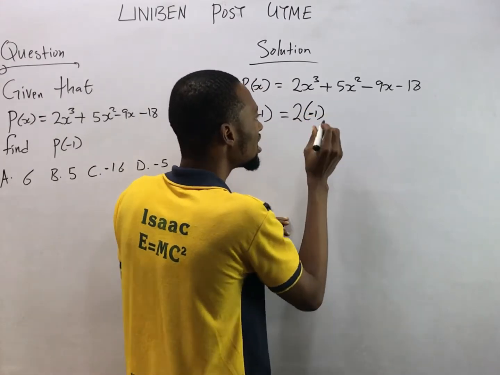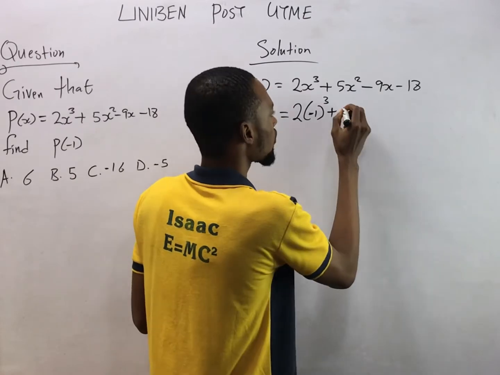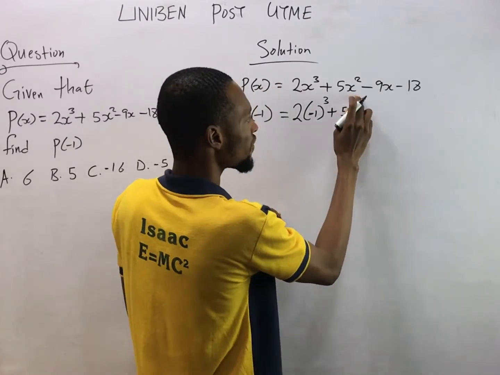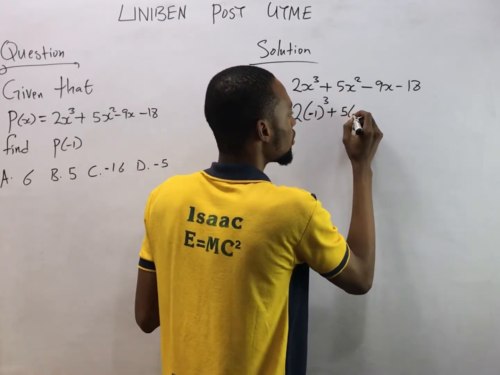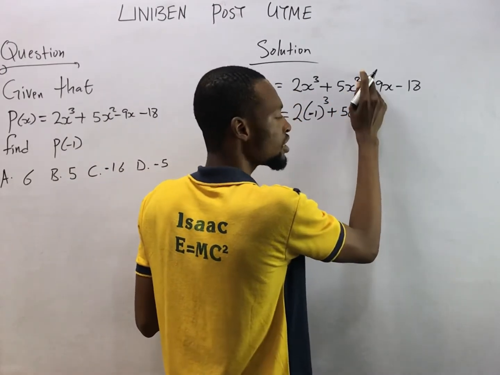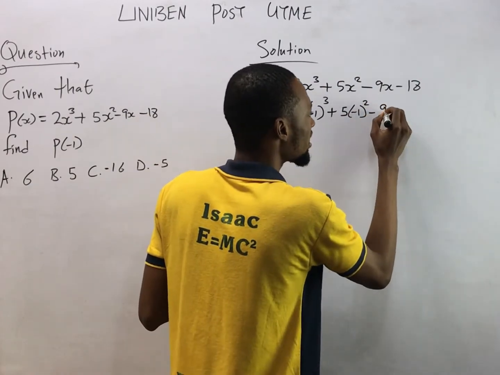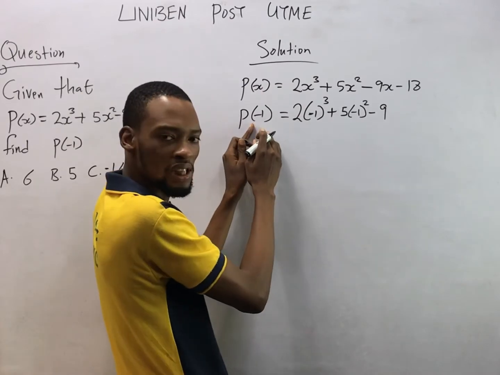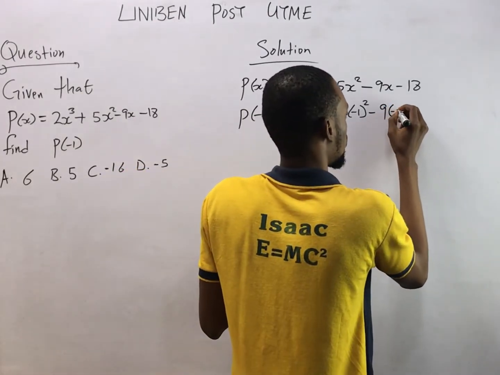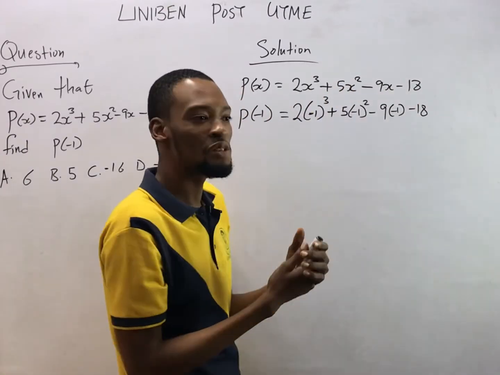Minus 1 raised to the power of 3 plus 5. Instead of s, we are now substituting minus 1. So this will be minus 1, but it's still raised to the power of 2. Minus 9. Instead of 9s, it's now 9, then minus 1. Minus 18.